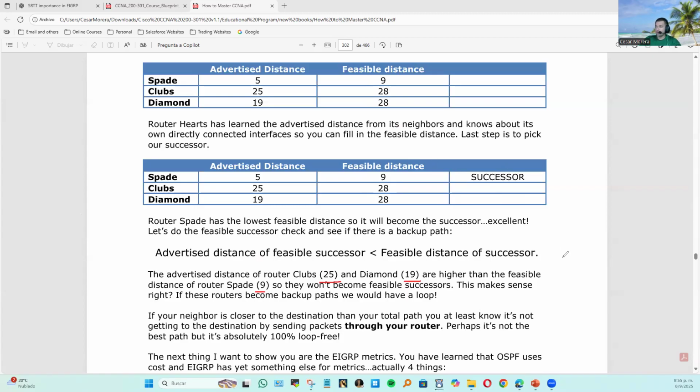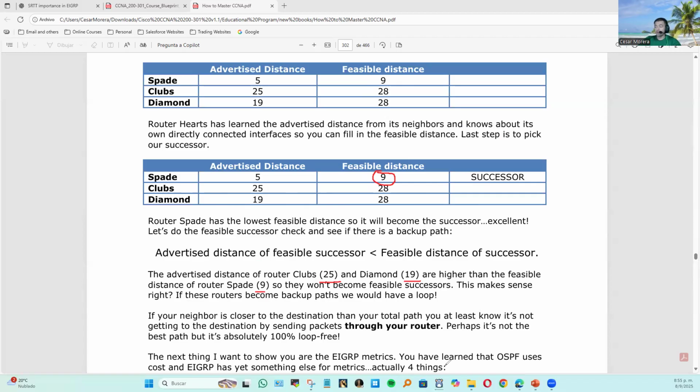So the advertised distance of router clubs, which is 25, and of diamond, which is 19, are higher than the feasible distance of router spades, which is 9. So they won't be a feasible successor. Since those advertised distances are higher than the feasible distance, in this case 9, we will not have a feasible successor in this scenario.